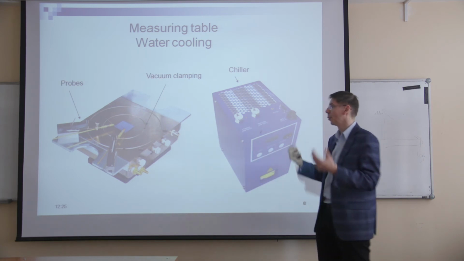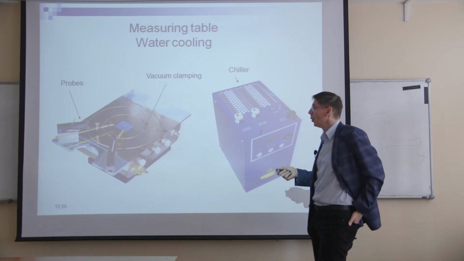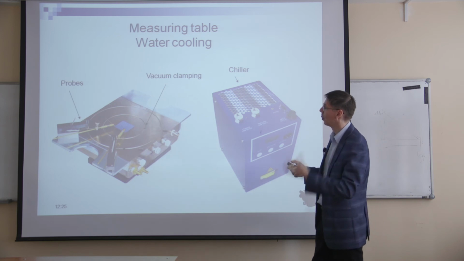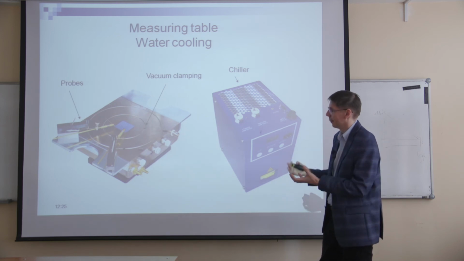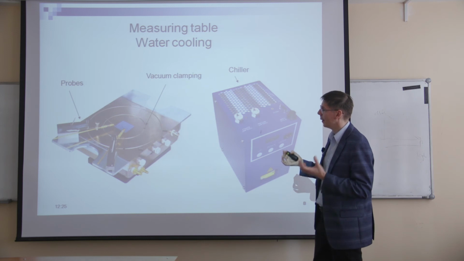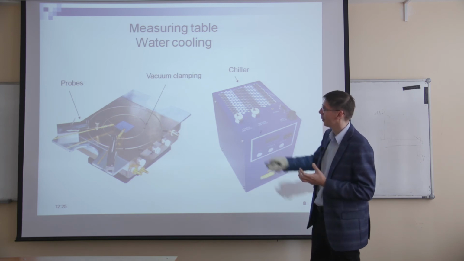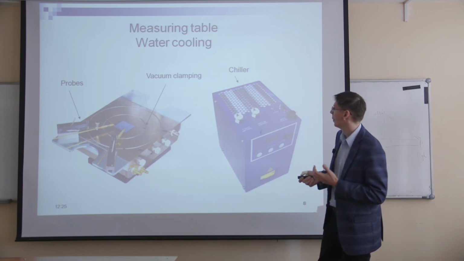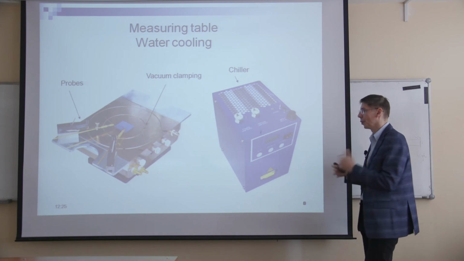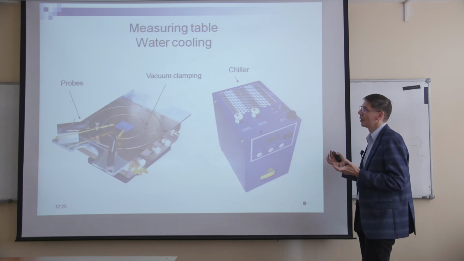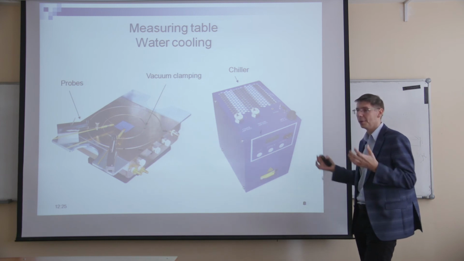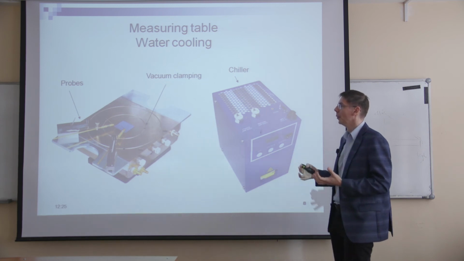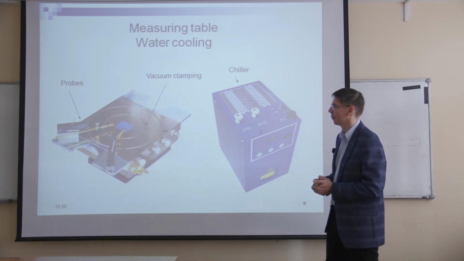So you have 4 contacts. Then you can see some holes for the vacuum clamping, and you can control the temperature of this table, for example, using a chiller, so it's a kind of water cooling. The advantage is that in this case you can provide really high dissipation power, so you can cool it.